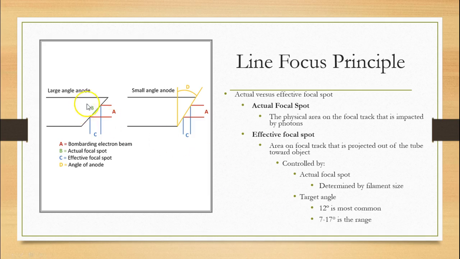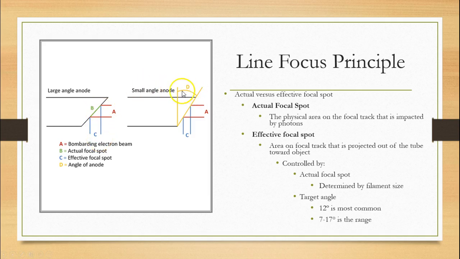So if we look here and we look at here, this is the anode angle. This is your actual focal spot, and here is your effective focal spot. This is your focal spot right there and right here. So here's your electron stream coming in, bombarding the target, and then your actual focal spot, and then coming down is your effective focal spot.